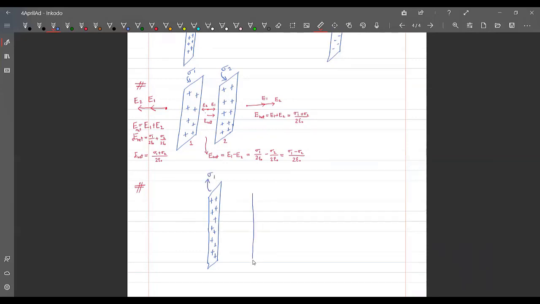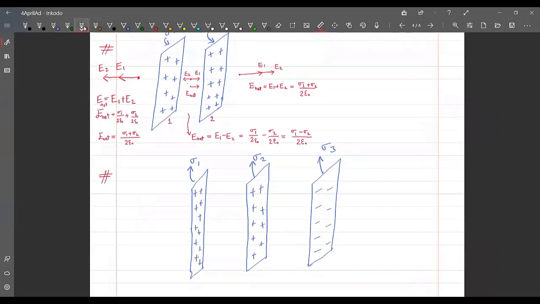Then we have a second sheet. You can call this as positively charged too. And then let us take one more sheet. This you can take as negatively charged, and the value is sigma 3.